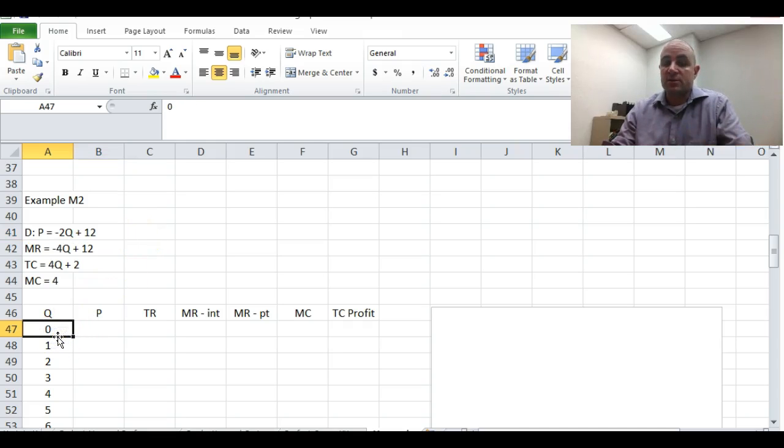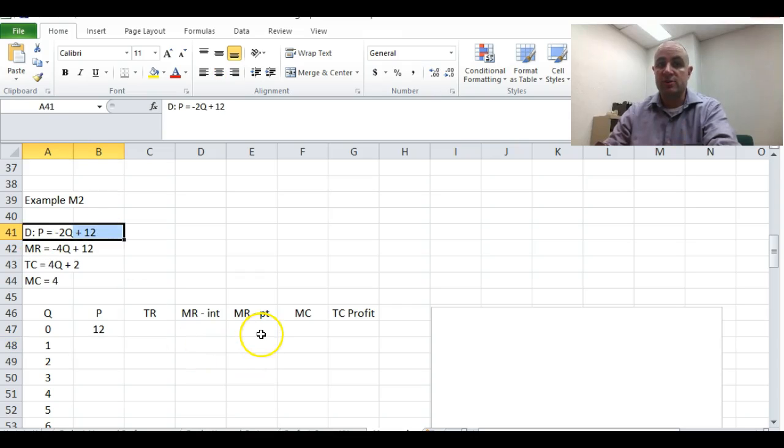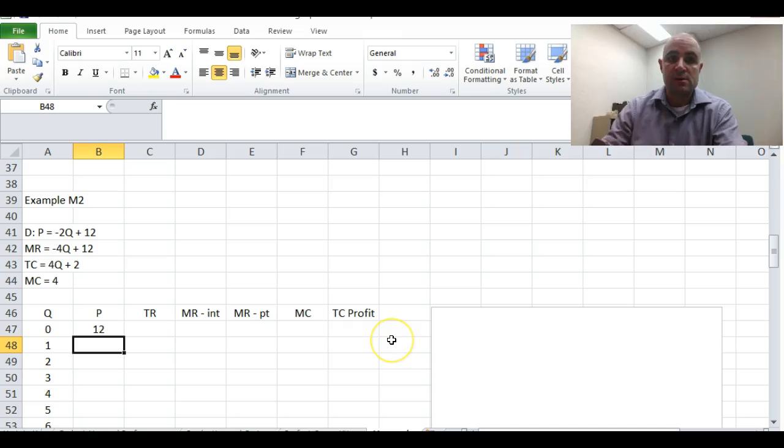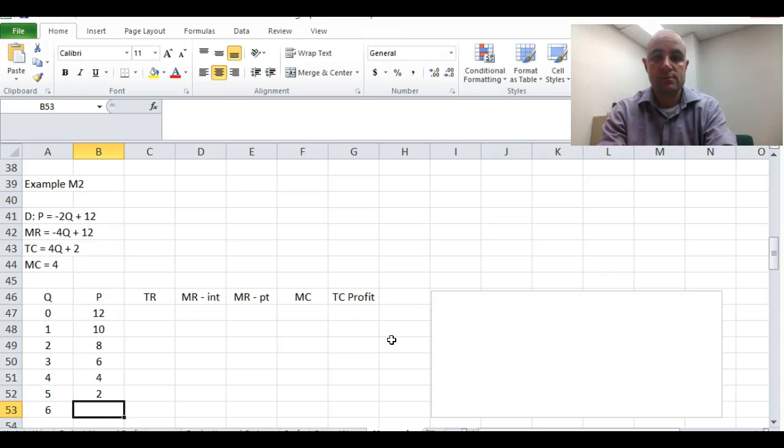If they want to sell none, you plug that into the demand, and so you have minus 2 times 0 plus 12, price is 12. If they want to sell 1 unit, again, you plug it into your demand. Price equals minus 2 times 1, which is minus 2, plus 12 is going to be 10, and then 8, 6, 4, 2, and 0.